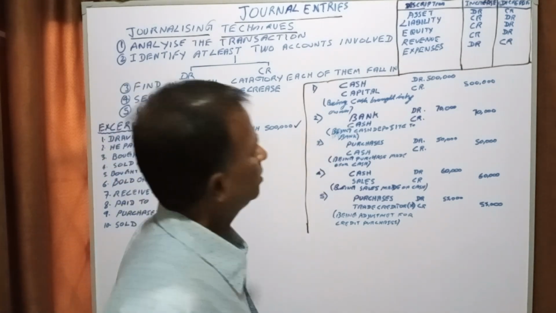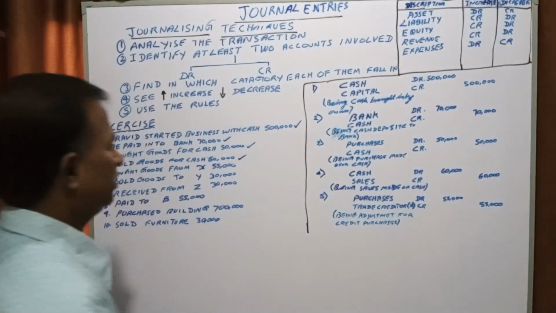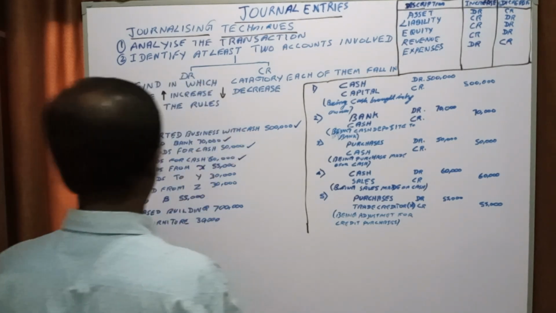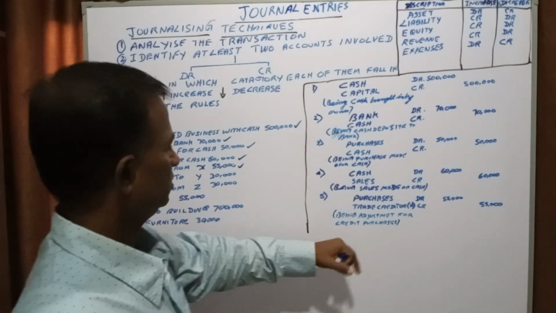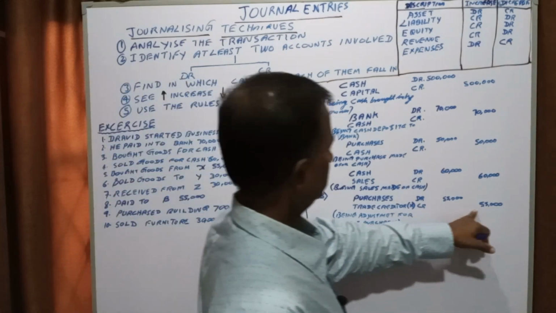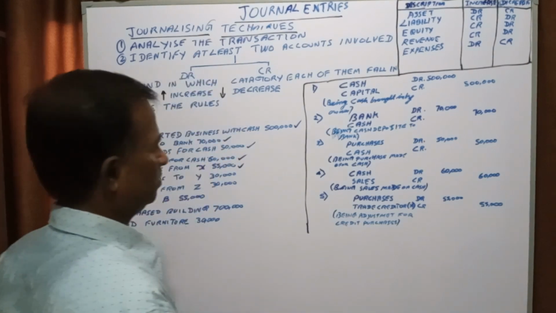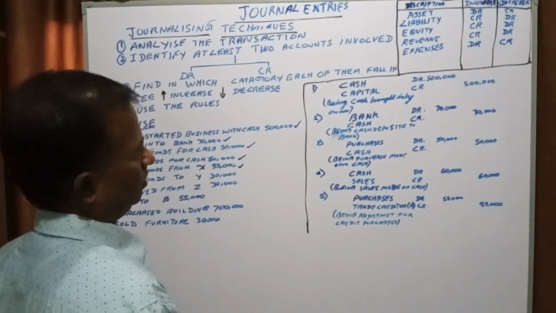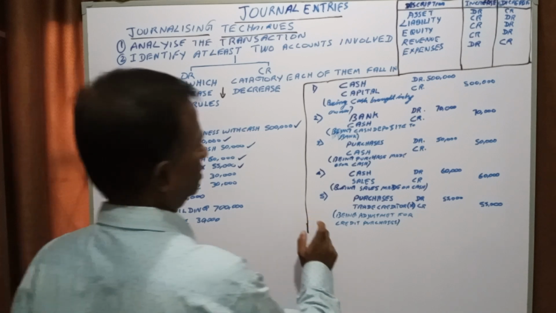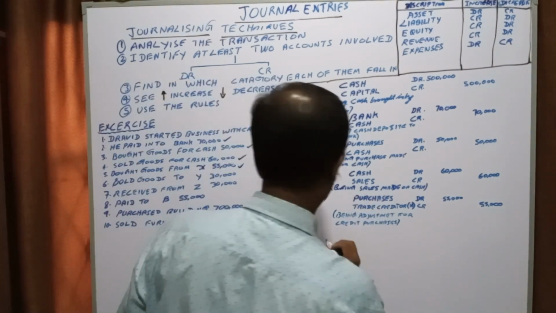Purchase account is debited. Okay. And number 6. So that is finished. Okay.